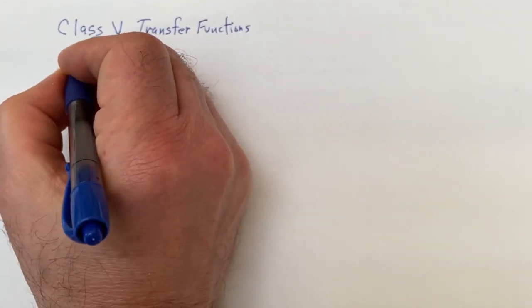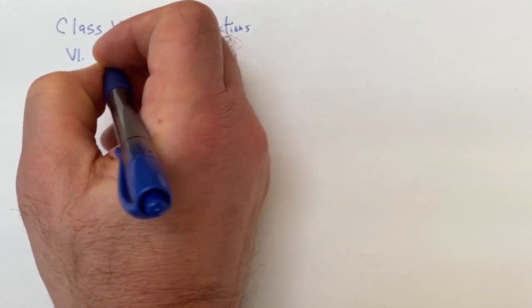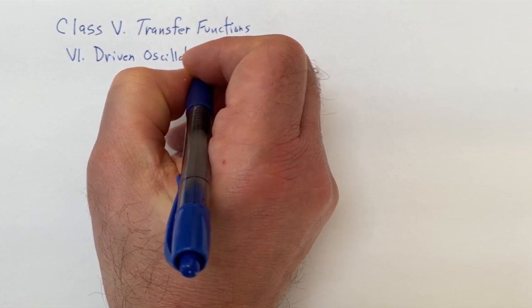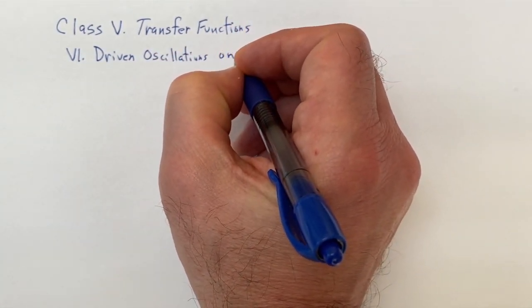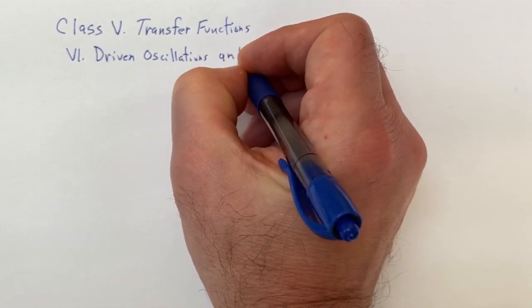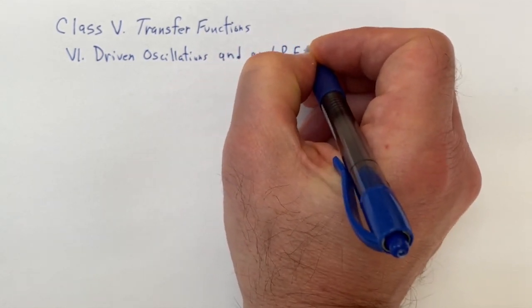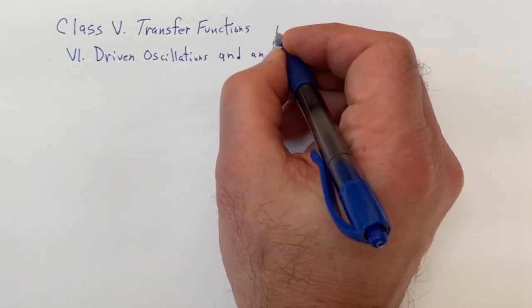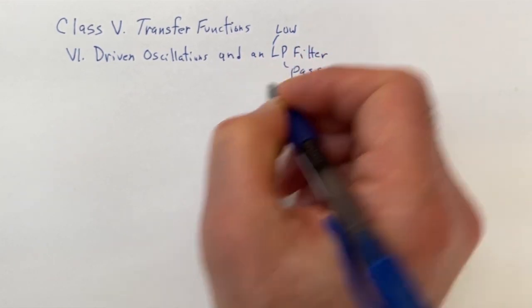The first thing we're going to do is look at driven oscillations on, or let's say, an LP, which is a low pass filter. Now, a low pass filter passes low frequencies.